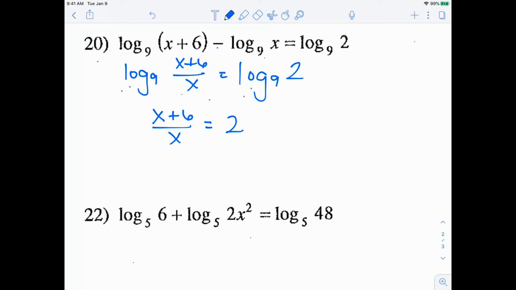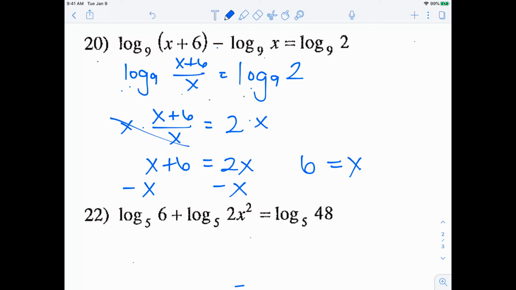And then from here we solve. So my first step will be to multiply by x on both sides. So that simplifies, leaving us with x plus 6 equals 2x. And then I subtract x from both sides, and we end up with 6 equals x. And that is our final answer.